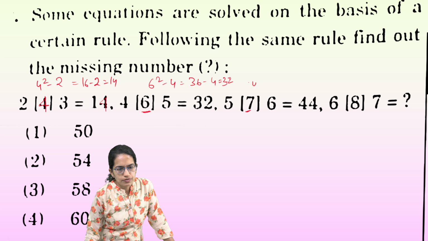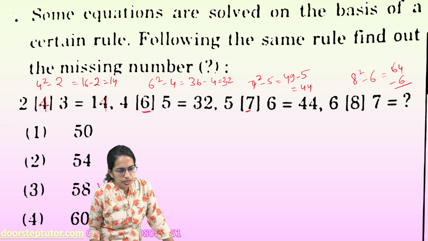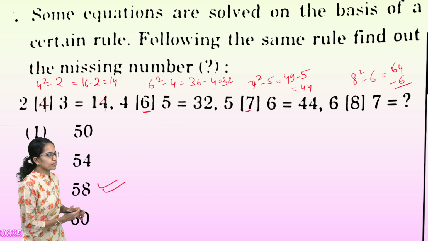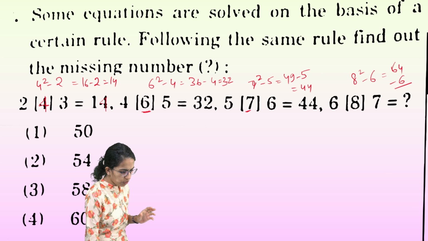Here, I have 7 square minus 5, that is 49 minus 5, which gives me 44. Here I have 8 square minus 6, which is 64 minus 6, that gives me 58. So 58 becomes the right answer in this case. So again, a very direct question, but yes, you need to understand how to solve these kinds of problems.